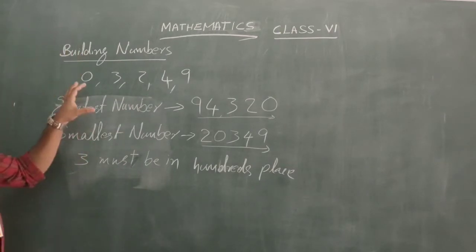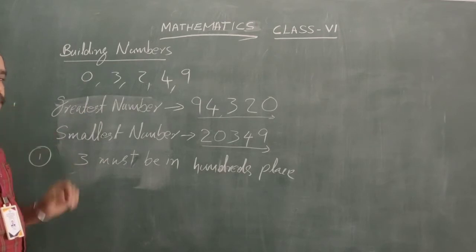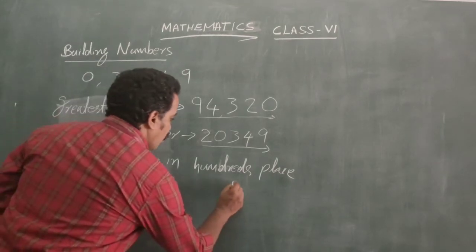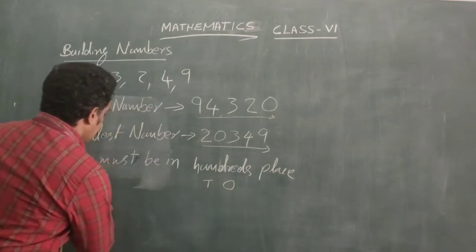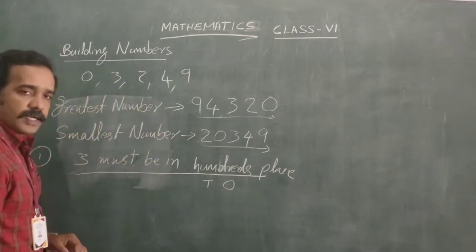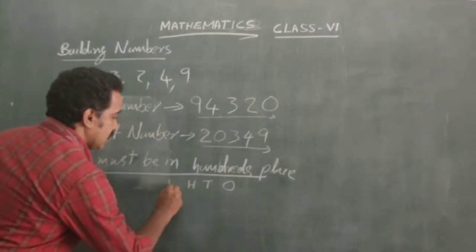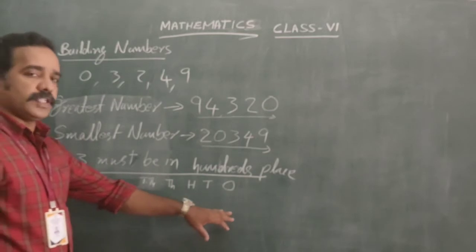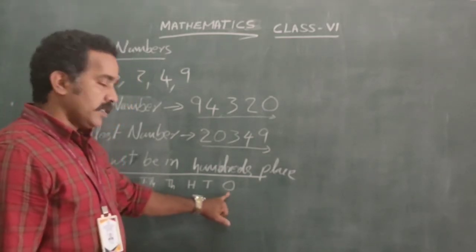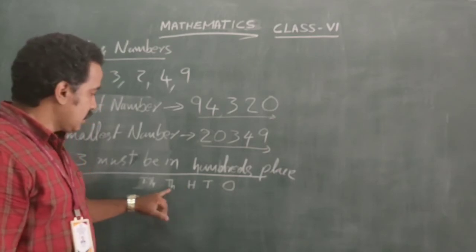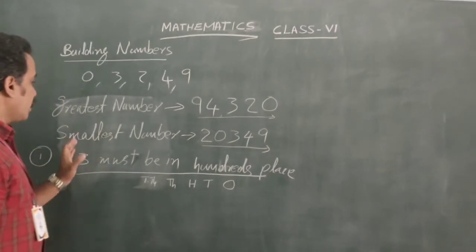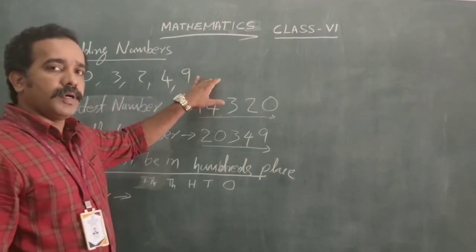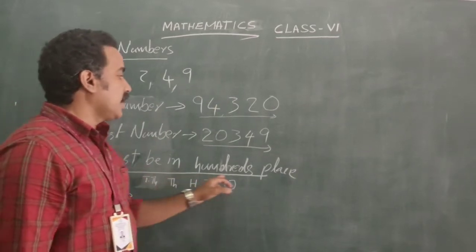In such cases, to make greatest and smallest numbers, you have to have an idea about the place value chart. So ones place, tens place, hundreds place, thousands place, and ten thousands place. So a 5 digit number has 5 places: ones, tens, hundreds, thousands, 10,000s. Now to make the greatest number, the condition is 3 must be in hundreds place.